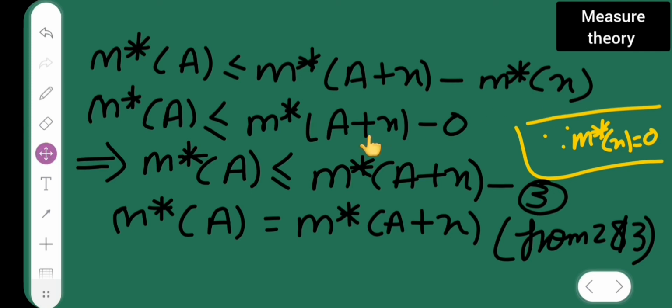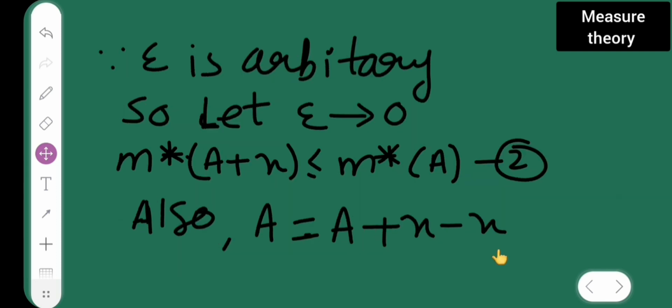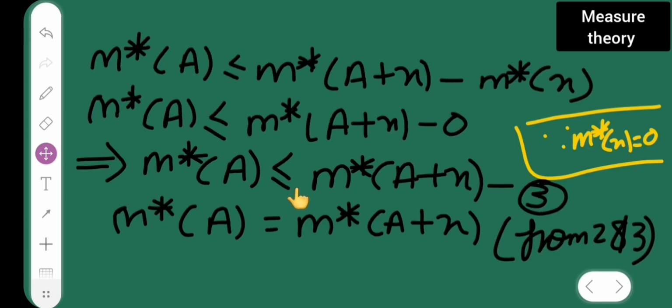See, here m star of A is less than or equal to m star of A plus x, and here m star of A plus x is less than or equal to m star of A. So from 2 and 3, what do I get? The outer measure of A is equal to the outer measure of A plus x.